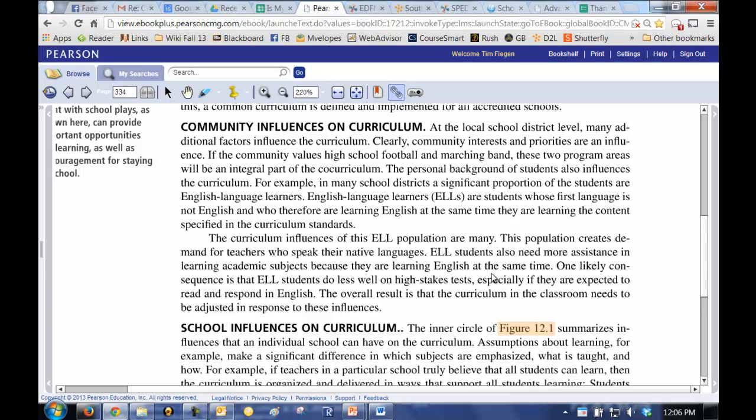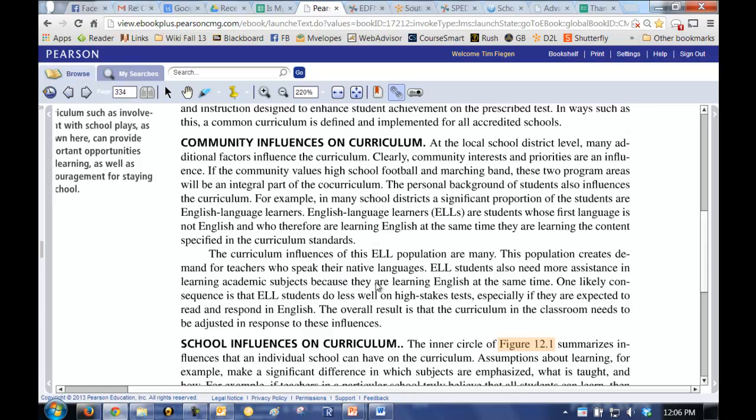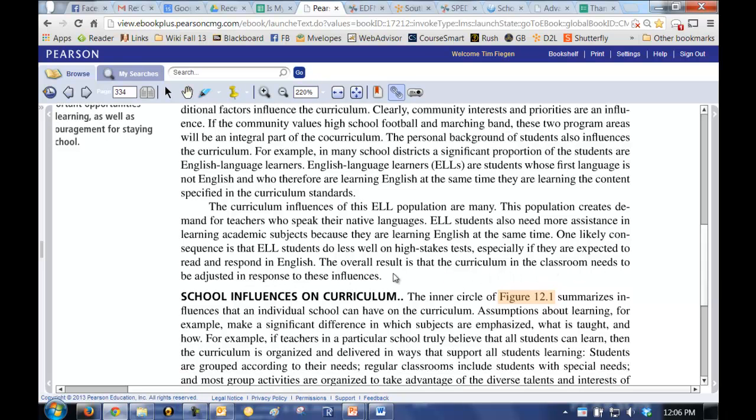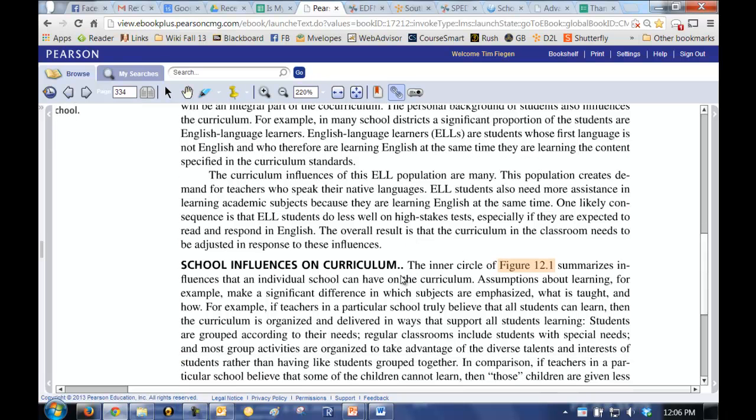So that creates some more things. And this goes on to tell about the curriculum and how hard that is with the ELL, and that just doing direct instruction really doesn't work. The overall result, the curriculum in the classroom needs to be adjusted in response to the influences of it. They're not ready to learn like everybody else.